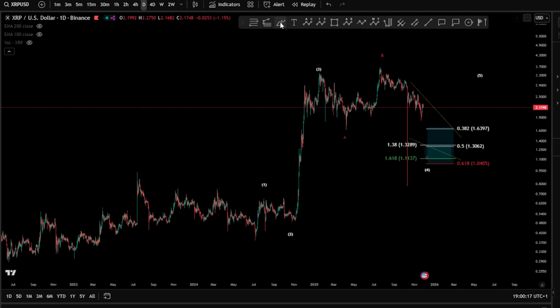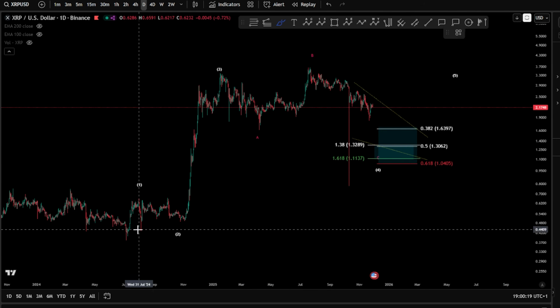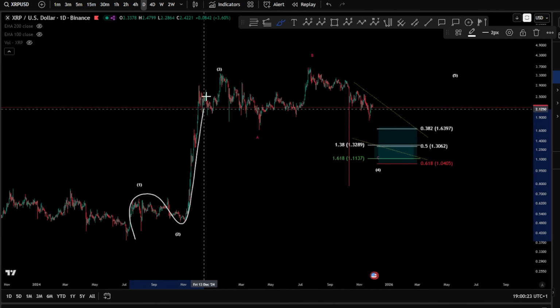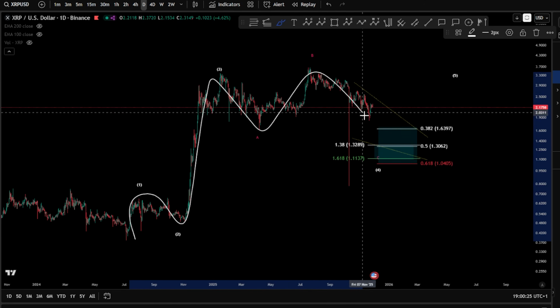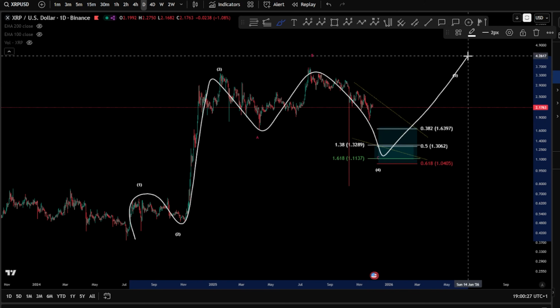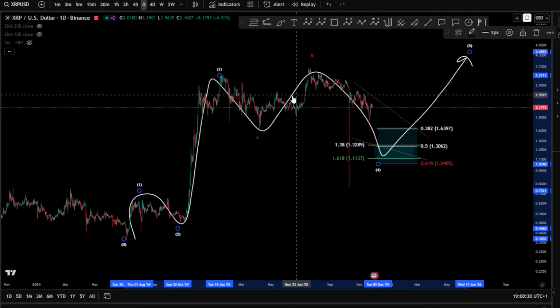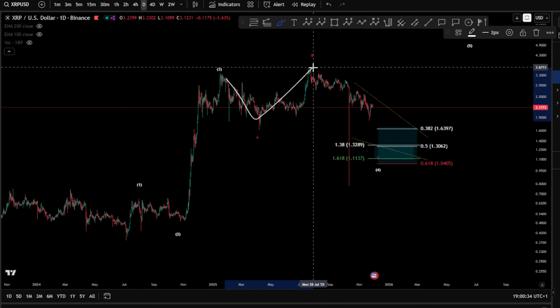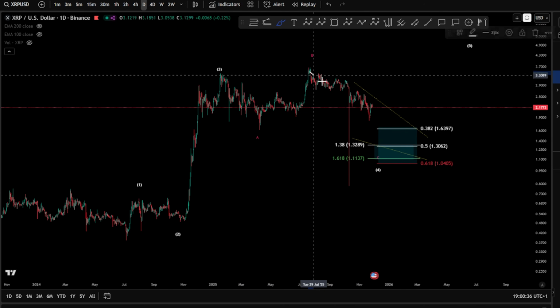In another possibility, it is the wave 4, meaning the impulse here, 1, 2, 3, 4, 5, is not finished. This is not what's happening here, 1, 2, 3. And let's say the wave 4 is still unfolding and looking for a wave 5 later on to, of course, push higher. Now, this wave 4, in case you are in ABC, is probably an expanding flat here, 1, 2.